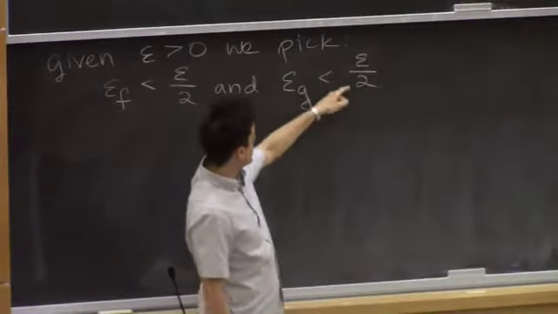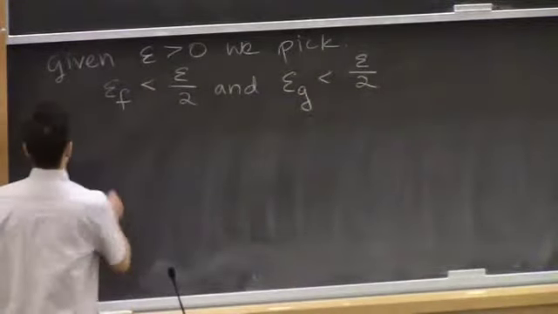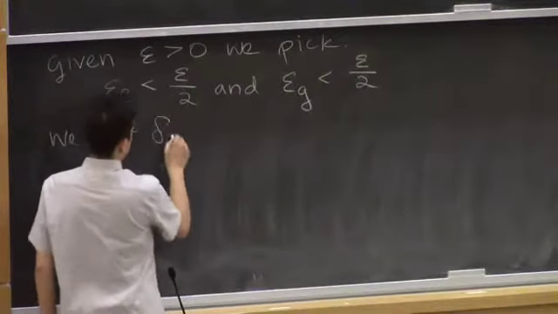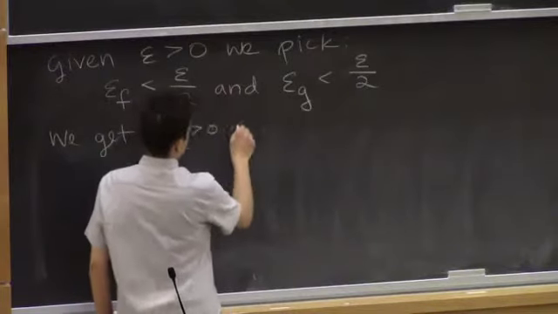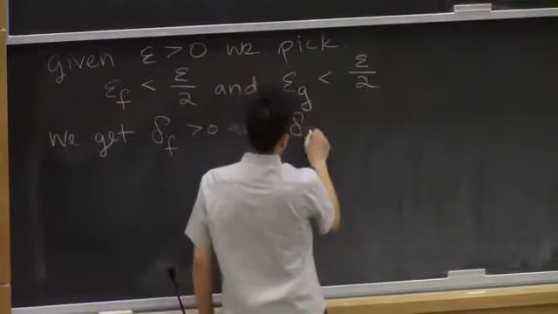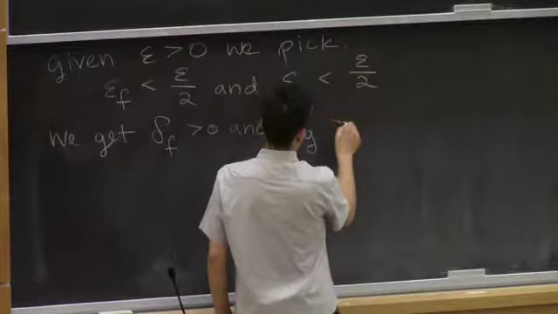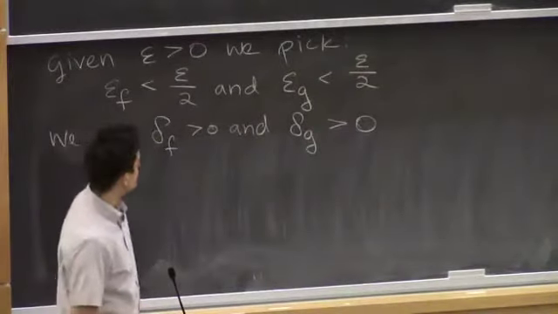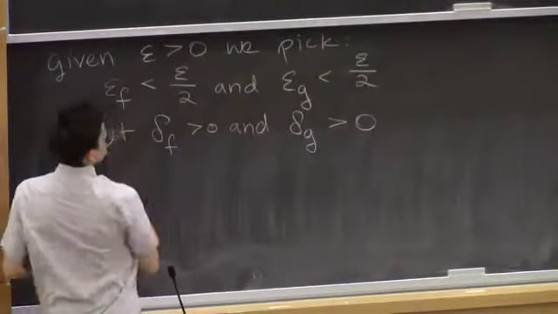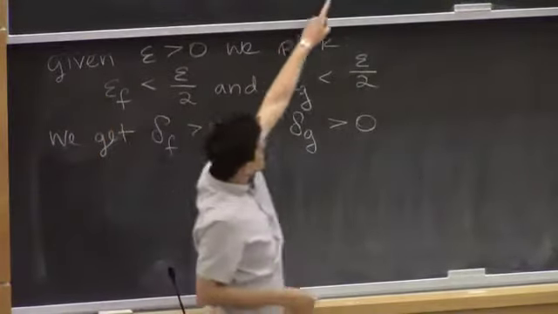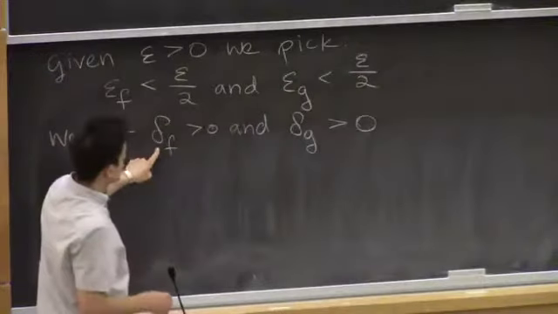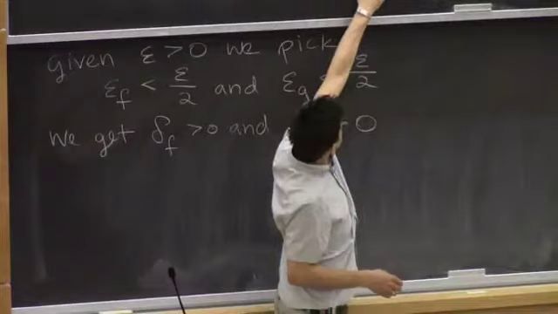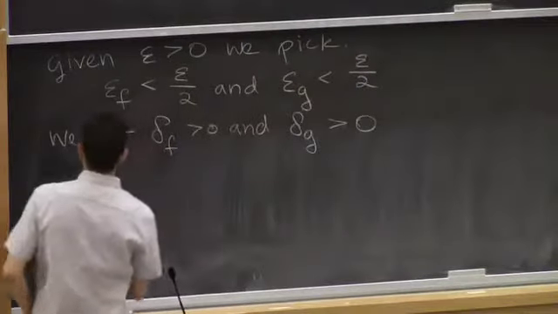We pick epsilon g to be less than epsilon over 2. When we feed epsilon f into these statements, we get delta f. When we feed epsilon g into this statement, we get delta g.